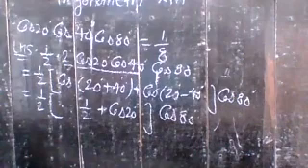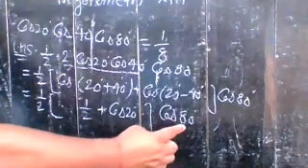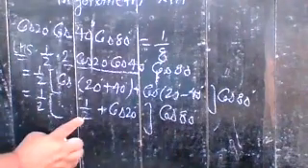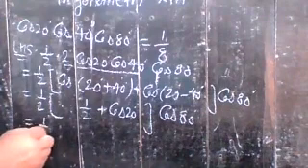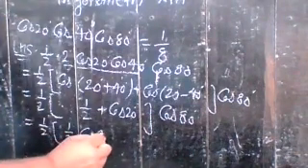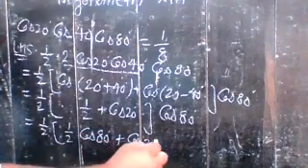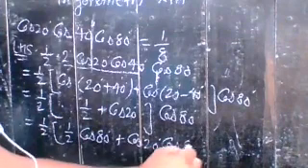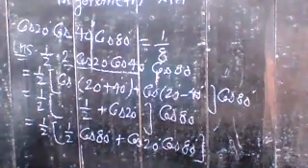Now you multiply cos 80 degree by these two terms, multiplying each term by cos 80.